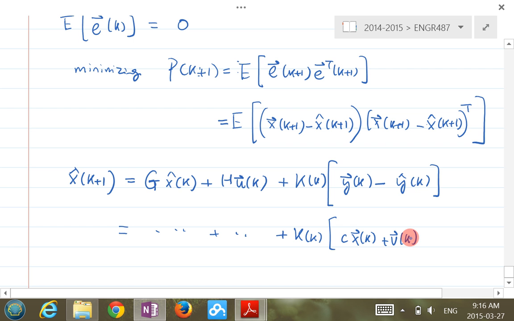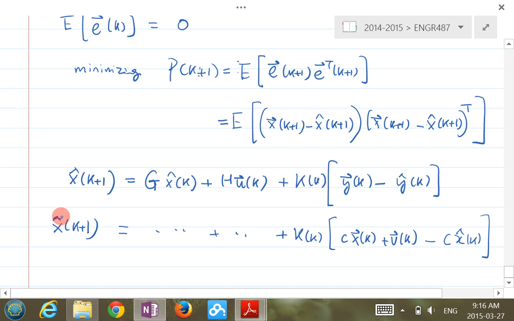That's your actual system. Y hat is C x hat. That's your x hat k plus 1.